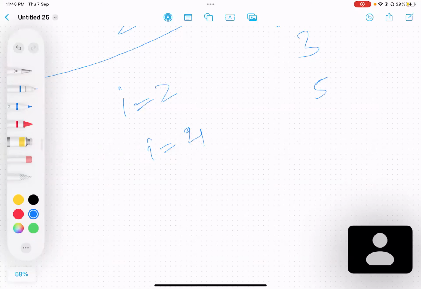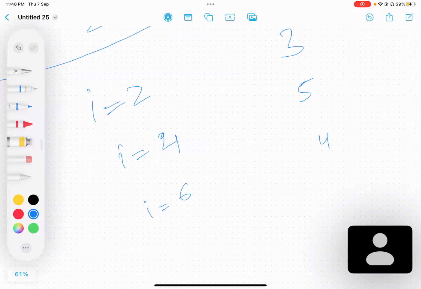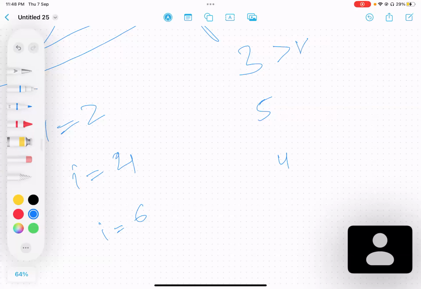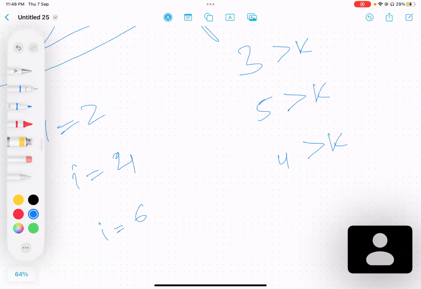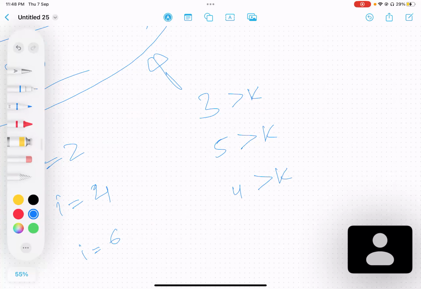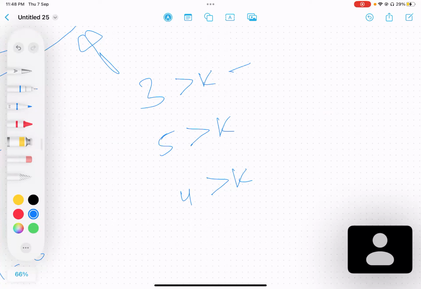For index equal to 6, we found this value as 4, right? So 3 should be greater than k, 5 should be greater than k, 4 should be greater than k. From this, we can have the value of k from 0 to 2, from this 0 to 4, and from this 0 to 3, right?